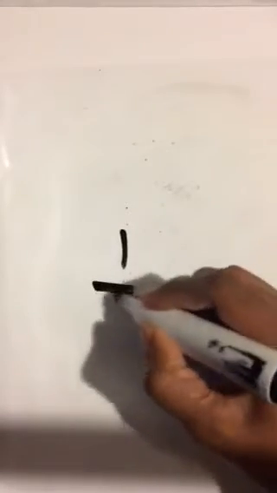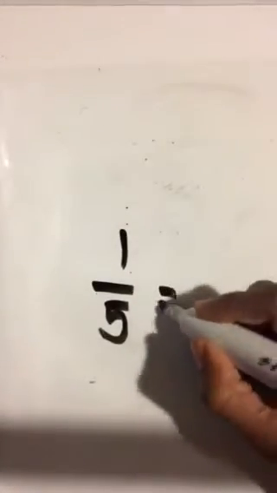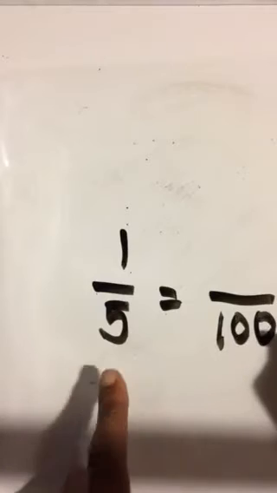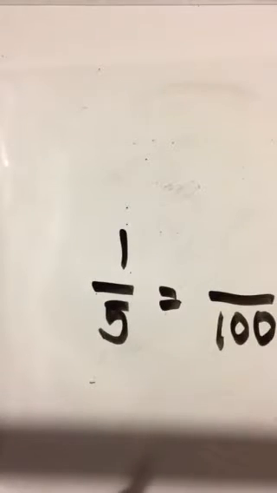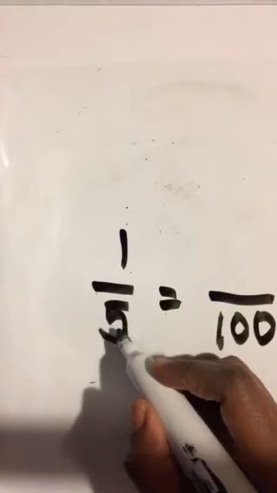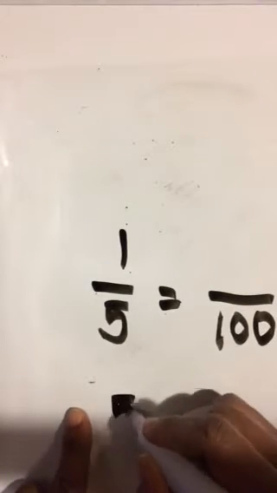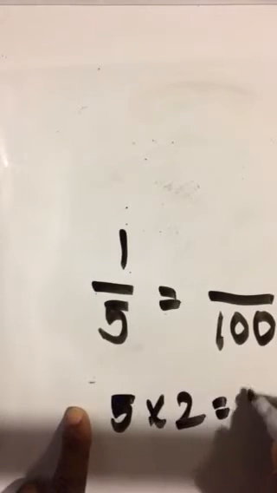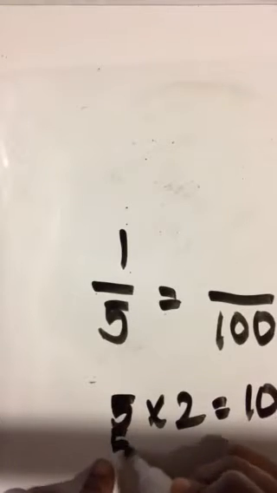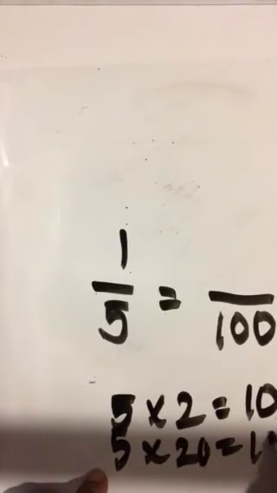Fifths. You should think, what do 5 and 100 have to do with each other? Well, 5 goes into 100 20 times. That's because 5 times 2 equals 10. So if I have 5 times 20, that would be 100.